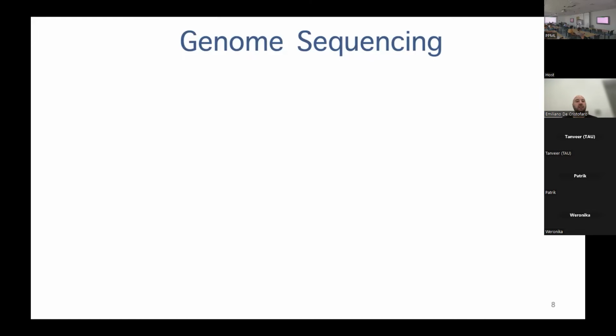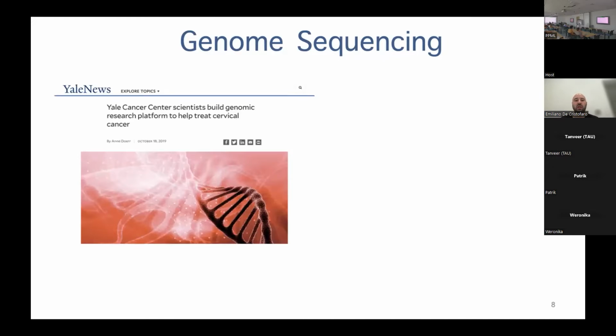In the past 20 years or so, there has been enormous progress in genome sequencing, where you are able to recreate all the DNA letters in a person's genome. There are about 3 billion of them. You digitize them, and now you can run algorithms.